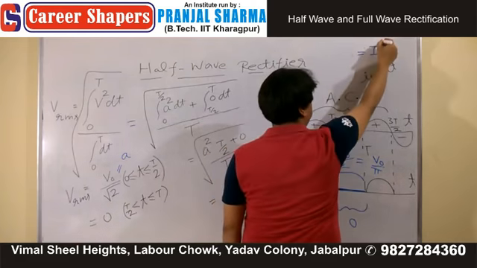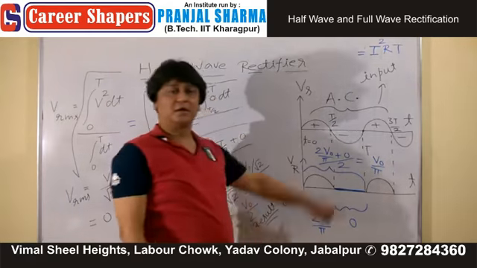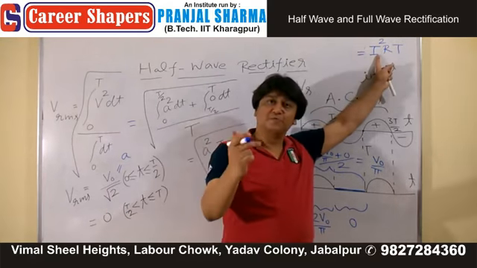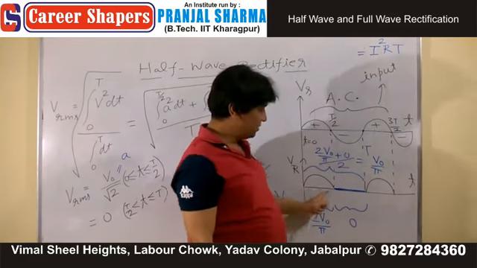This I RMS means I square R multiplied by T. This I is something which we need for the complete cycle.